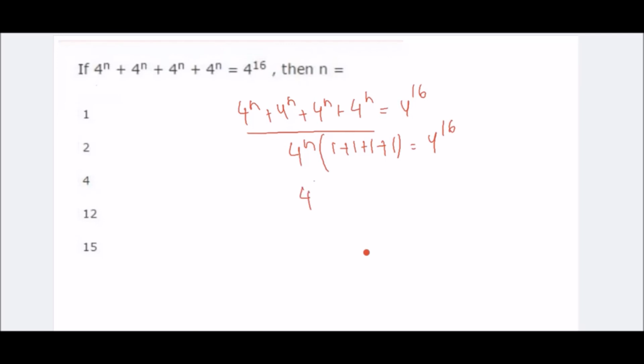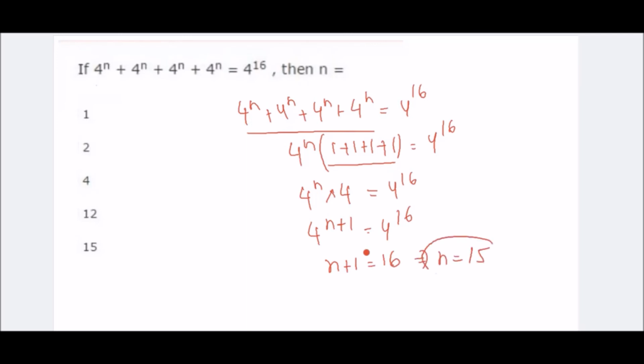See here, 4 power n into 4. So all add, become 4. 4 power 16 here. Base is same, so powers are added on multiplication. 4 power n plus 1 equal to 4 power 16. So we'll equate the powers because base is same on both sides. So that's why n plus 1 equal to 16, and that implies n equal to 15 is the answer. So our answer is the last option.